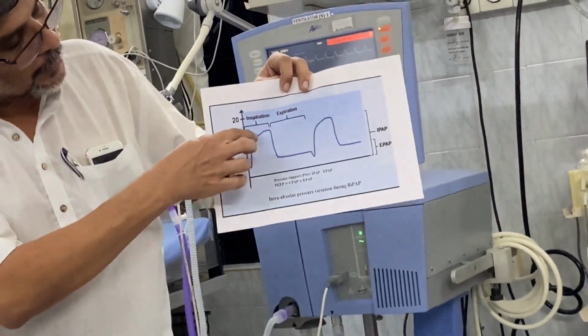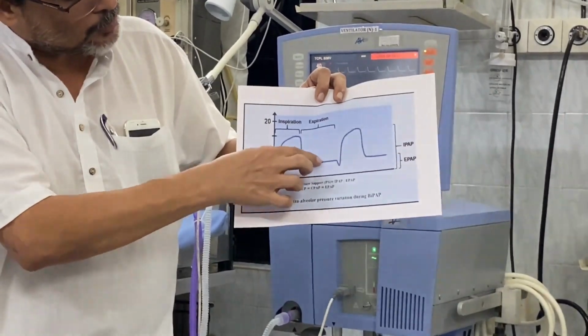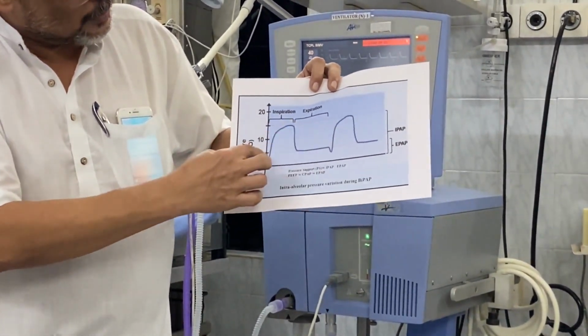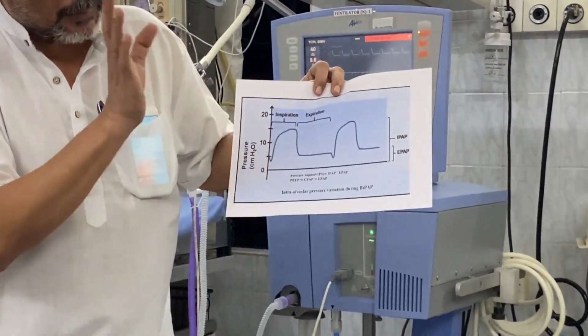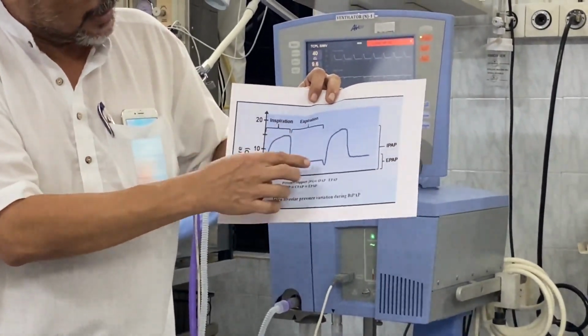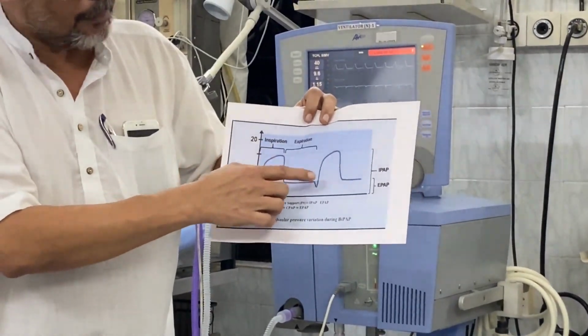So you are giving inspiratory pressure, allowing the patient to breathe, but not allowing him to go to zero, you keep an expiratory pressure. So BiPAP has two components. Majorly BiPAP is the airway pressure. Inspiratory pressure is IPAP, expiratory pressure is EPAP. So when you have IPAP and EPAP, it becomes BiPAP.